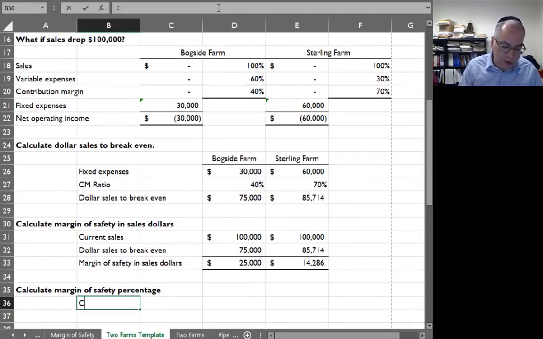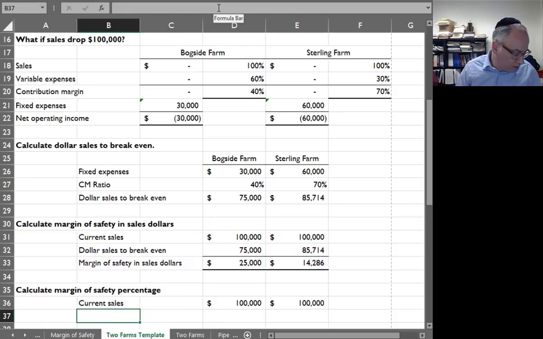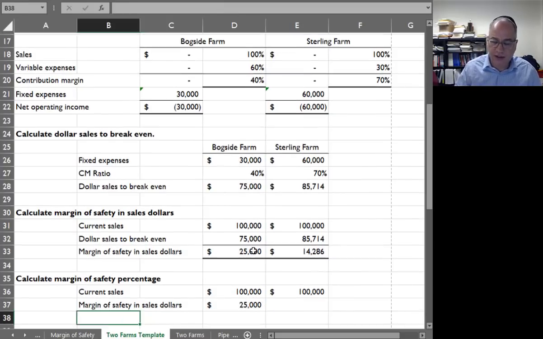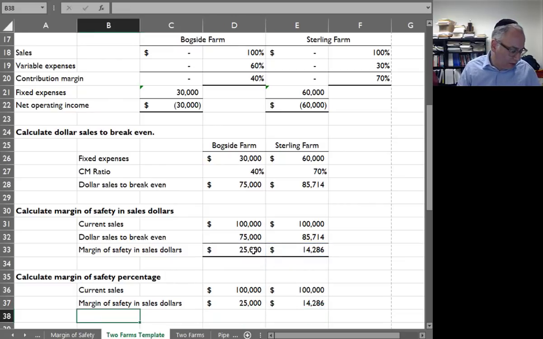Let's look at the margin of safety percentage. Current sales for Bogside is 100,000, and current sales for Sterling is 100,000. And then we're going to the margin of safety in sales dollars, and I think I mentioned already that you could do this in units. You could calculate the same thing and use units instead of dollars because you're dividing one by the other anyway, so you should get the same result.